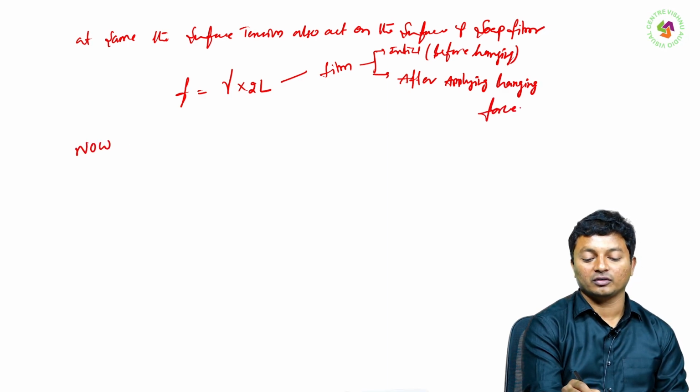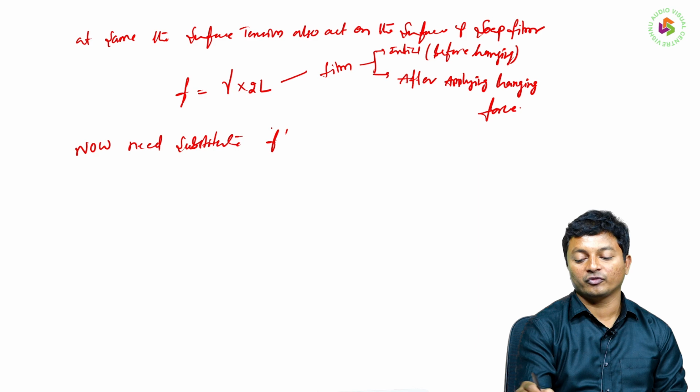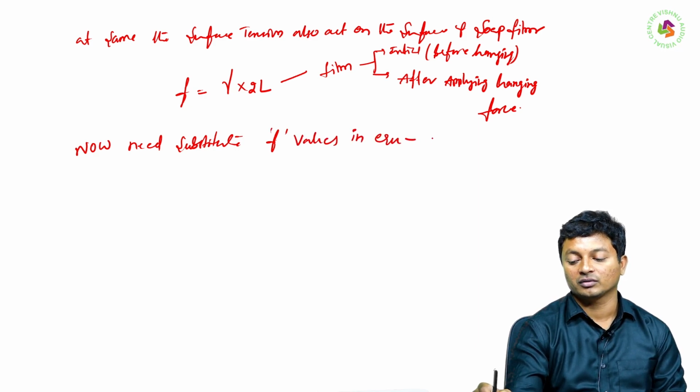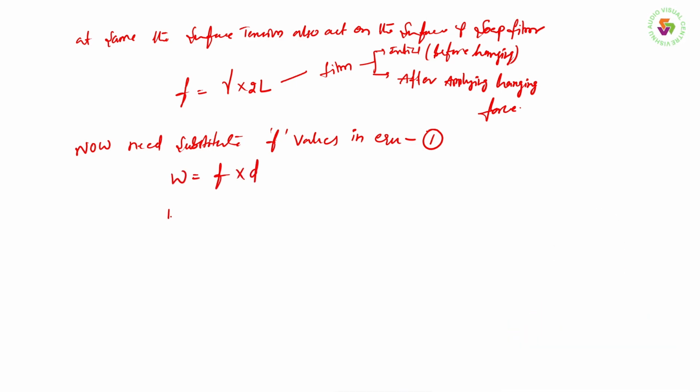Now we need to substitute the F value in equation 1. Equation 1 is W is equal to F into D. So W can be written as gamma into 2L into D. This can be considered as equation number 3.